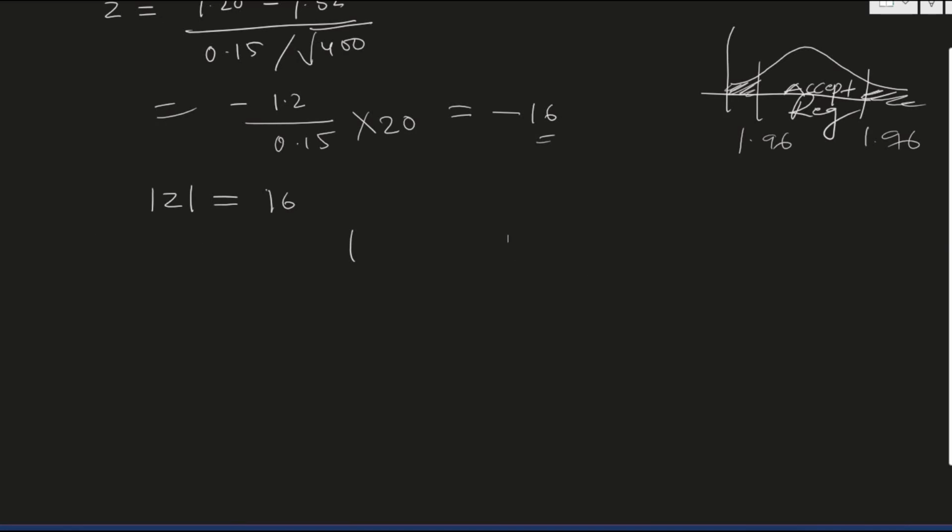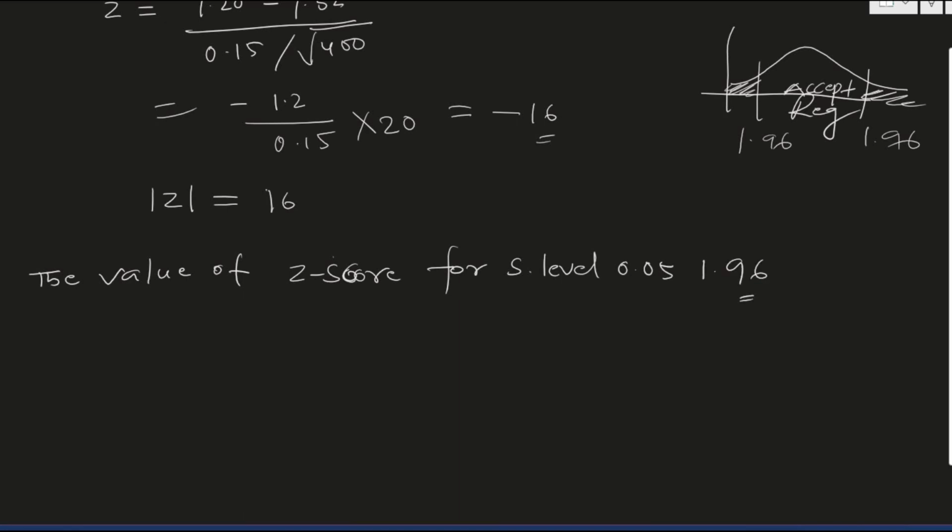The value of the Z score for significance level 0.05 is 1.96.